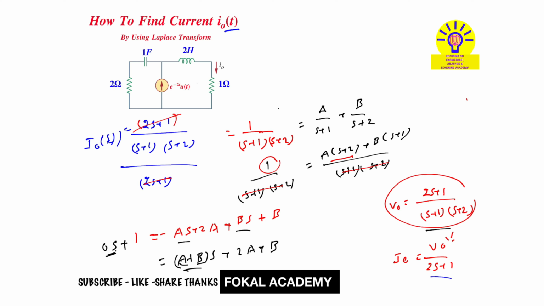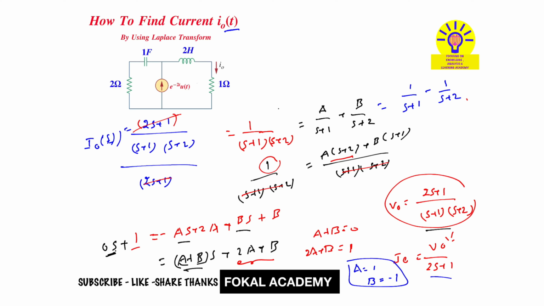So a plus b equals 0, and for the constant, 2a plus b equals 1. By simplifying this, we get a equals 1 and b equals minus 1. Now substitute here, then we get 1 by s plus 1 minus 1 by s plus 2. The b value is minus 1, that's why I am taking minus here.